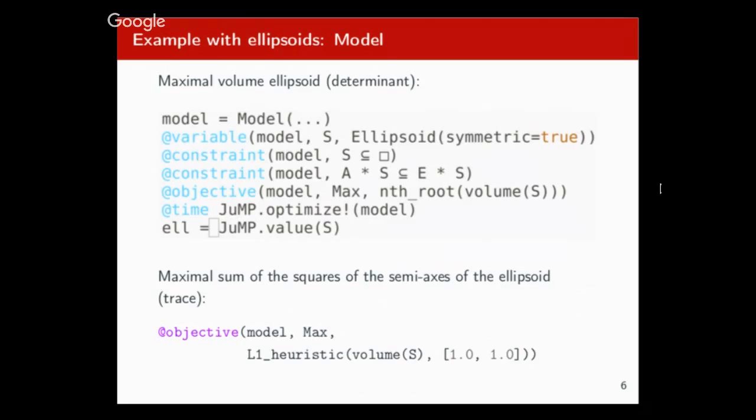So that's the idea. I use the variable in the constraint macro, just like with regular variables, except that here they are sets, so I need to extend them in some way. I will explain how to create ellipsoidal variables and also this weird syntax. If instead of maximizing the volume of the ellipsoid you want to maximize the sum of the squares of the axes, it actually corresponds to the trace of the ellipsoid.